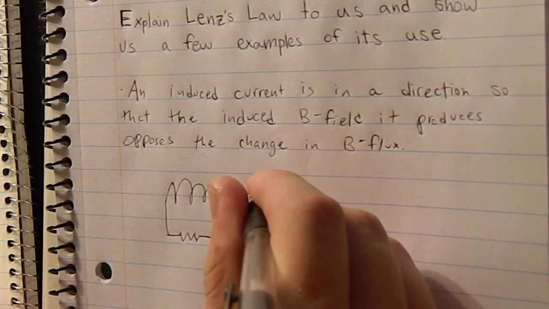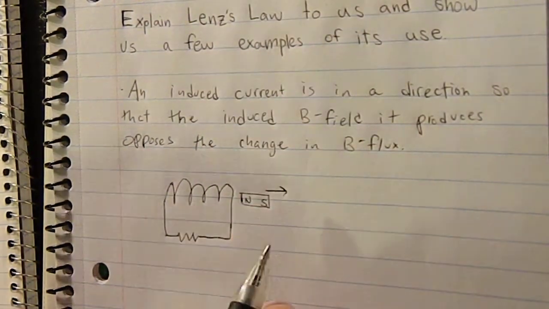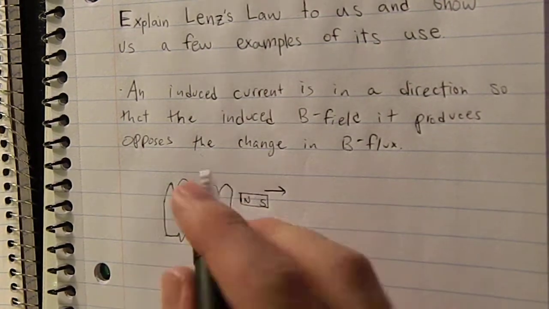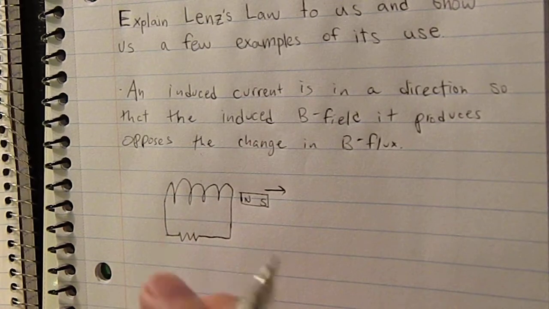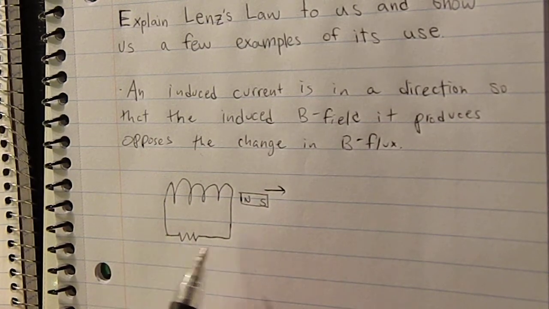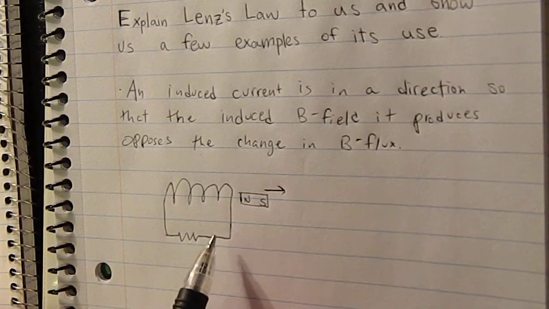So if you are increasing the movement of this magnet out of there, you can find out which direction the induced current will be in this wire.